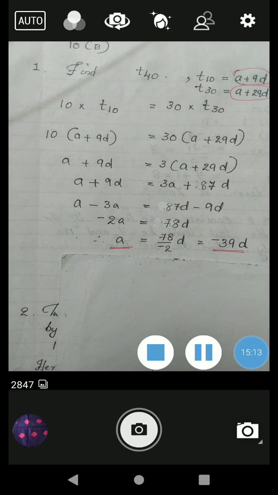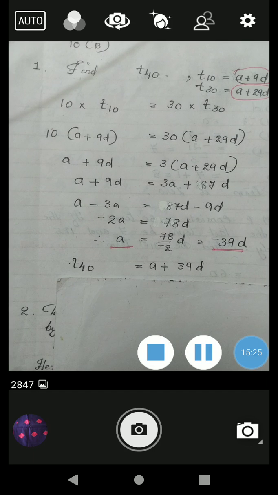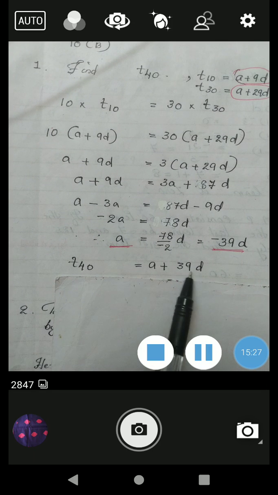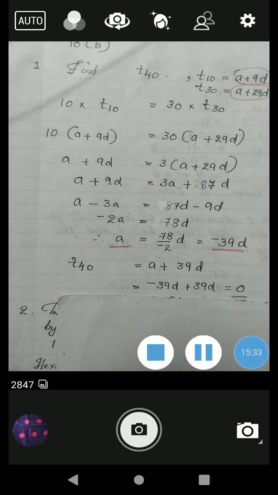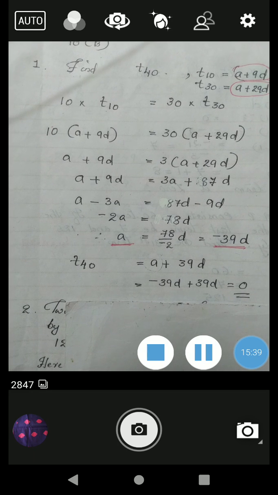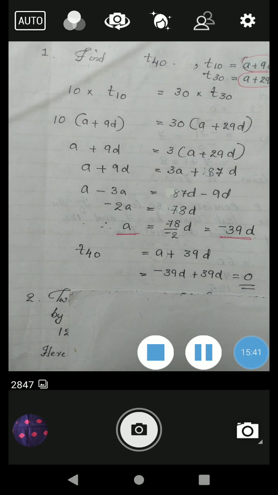So we get A is equal to minus 39D, and in this special question we want to find T40, that is the 40th term, that is A plus 39D. T40 is A plus 39D and A is equal to minus 39D. So when we add these two, we get the answer 0. So the 40th term is 0.